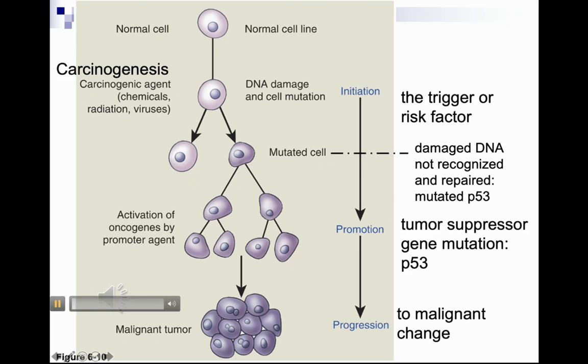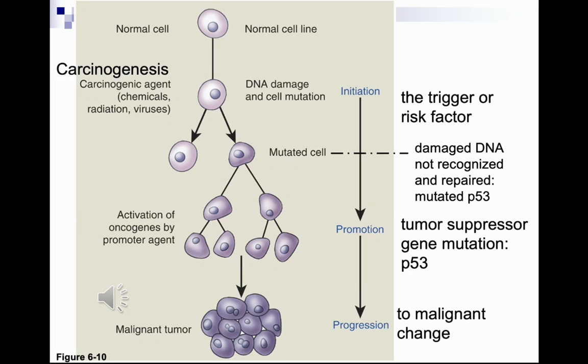The trigger or risk factor initiates DNA damage. That trigger or risk factor is called a carcinogen. If there's a mutation in the tumor suppressor gene, then damaged DNA is not recognized and repaired. That mutated P53, a mutated tumor suppressor gene, does not recognize and repair damaged DNA.